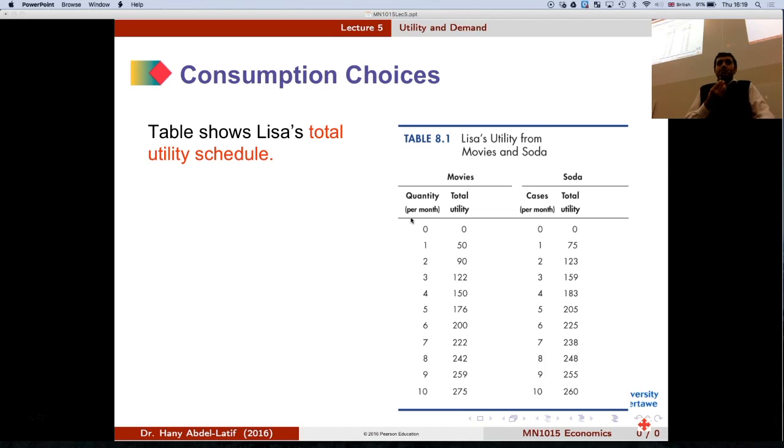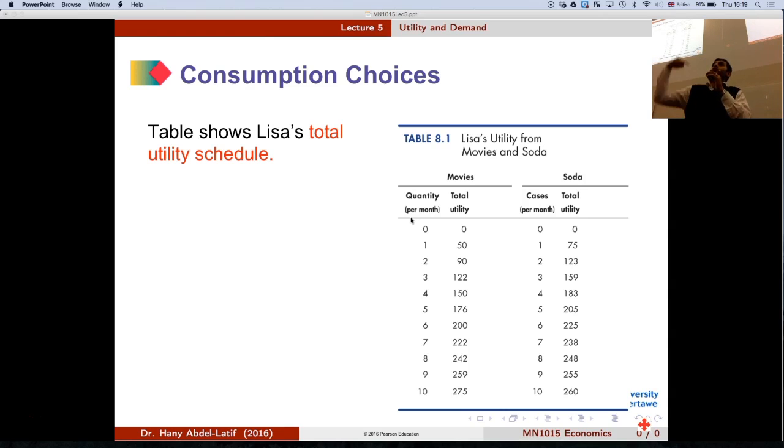If you watch 1 movie, then she has 50. So let's think of 50 here as a measure of utility, measure of your happiness, your satisfaction. Okay, so the total utility in this case is 50. If you watch 2 movies, then the total utility is 90.